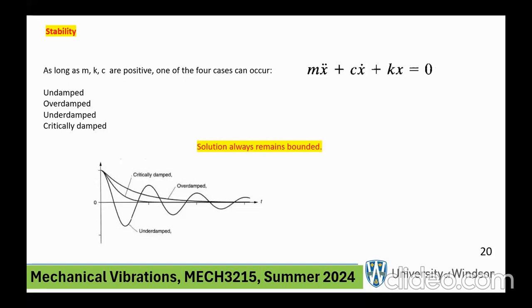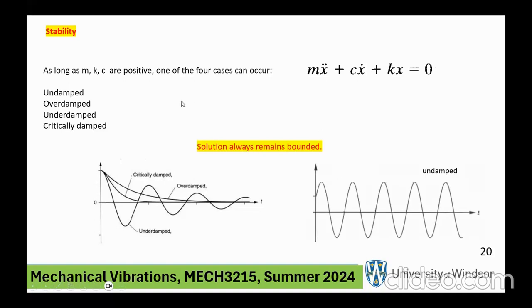Always stays bounded. As time goes on, the solution always remains below a certain value, basically in a band. You can see that in a band, stays there. And of course, in the undamped case, this oscillates forever, never dies down, etc.